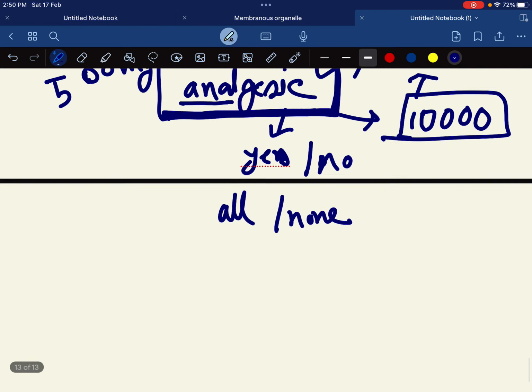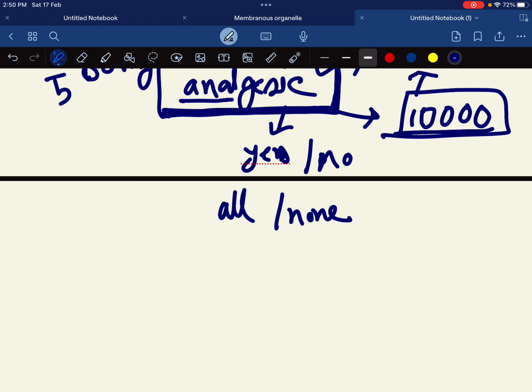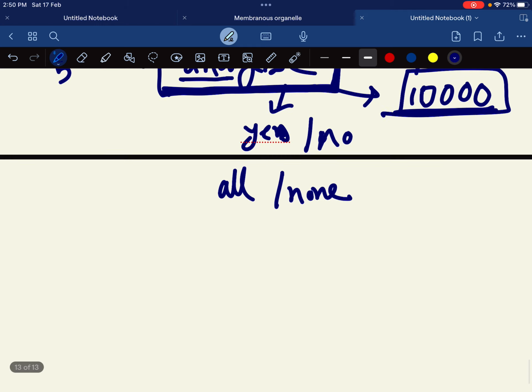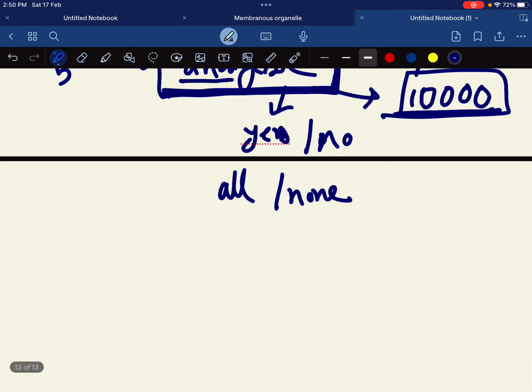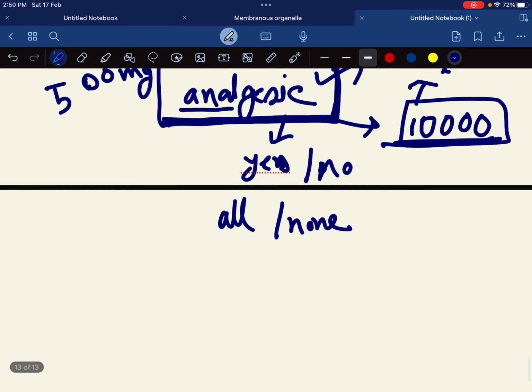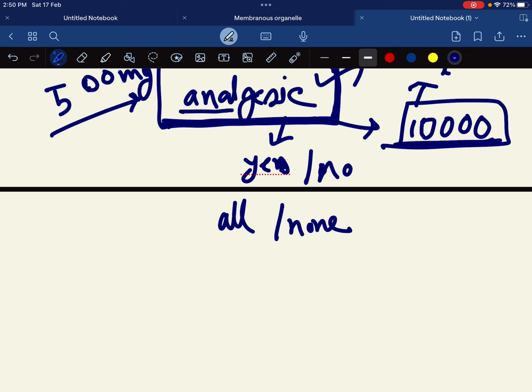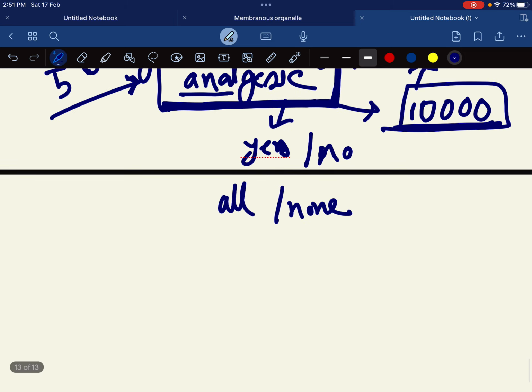Now let's say we have 10,000 people, and we are going to give 500 milligram of paracetamol. Now I will ask all of them individually whether their pain has diminished or not. Say Mr. X says yes, his pain has diminished, but Mr. Y says no, my pain has not been relieved.